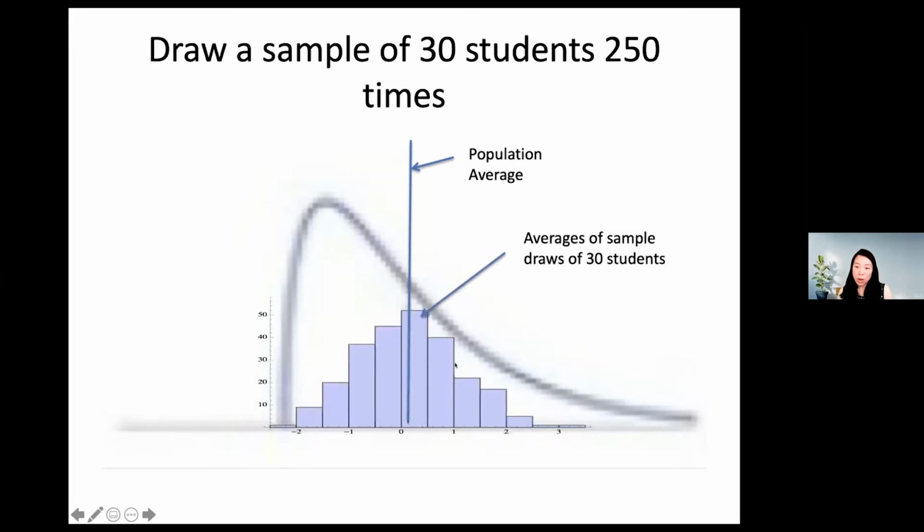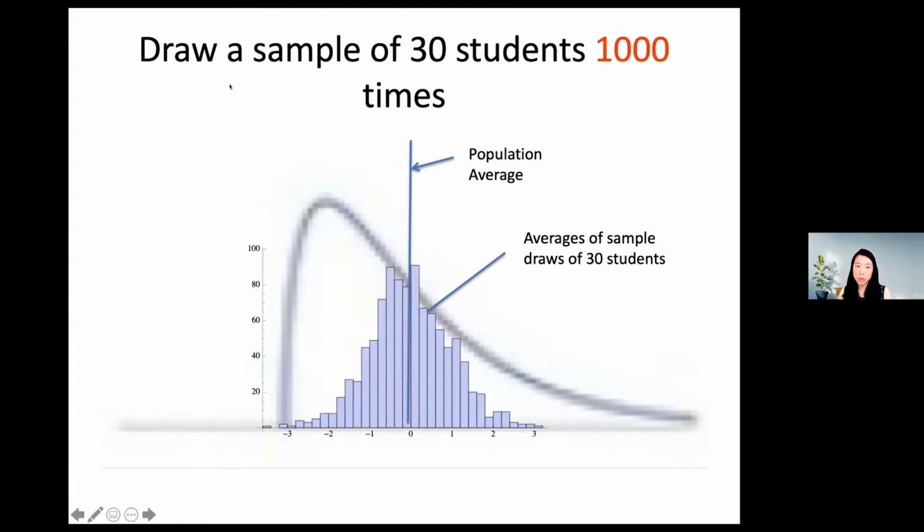So when we draw a sample of, say, 30 students, the average of our sample can still overlap with the population average, right? Because they have the same or similar average score.